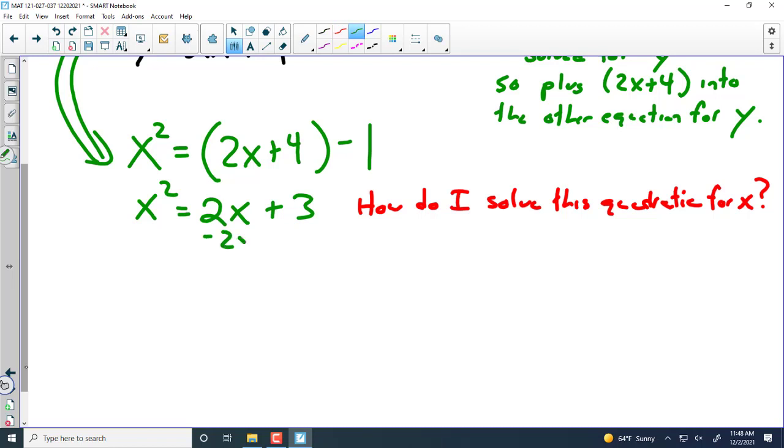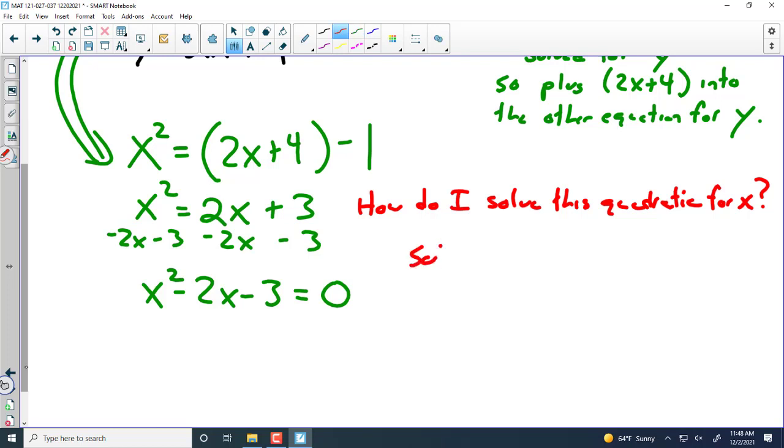So what if I just do this? Can we factor that? Set equal to 0 and factor.